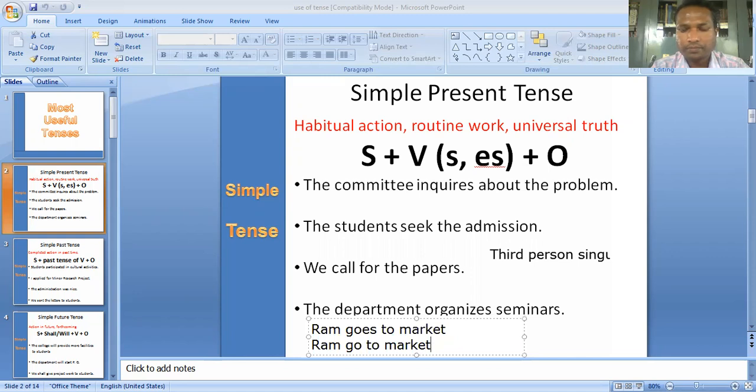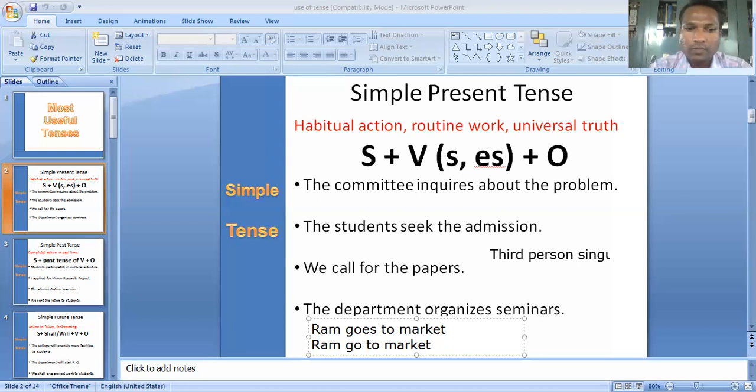Repeat. Ram go to market. That is the correct sentence. In simple present tense, I told you when the subject is third person singular, the verb carries S/ES. When does the verb take S/ES? When the subject before it is third person singular.